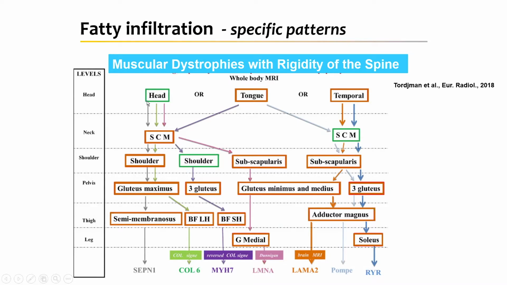Now you can look at, starting with the sternocleidomastoideus, where you have 4 options. One we have already seen. Sternocleidomastoideus, semimembranosus, sartorius, it's a selenopathy.